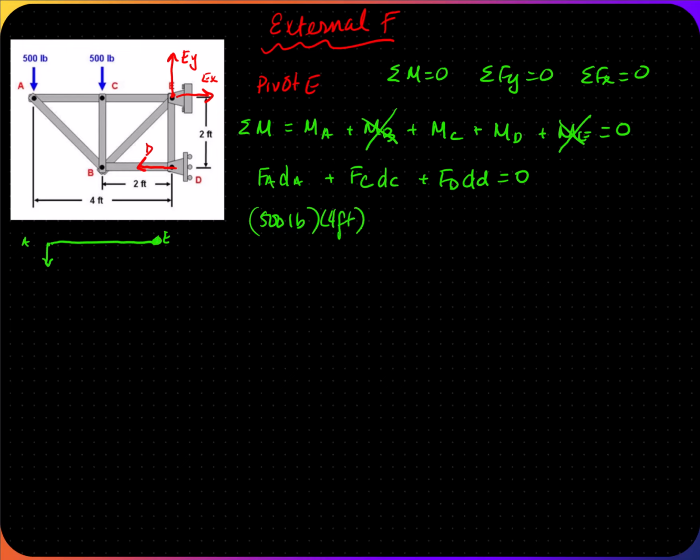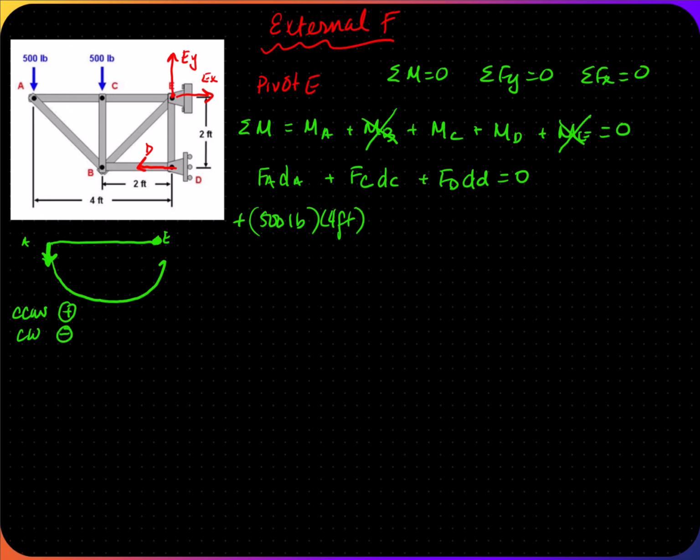If this is our pivot point and this is a bar with a force pushing it down, it will make the bar rotate counterclockwise, so this will be a positive value. Remember, counterclockwise by convention is positive, clockwise by convention is negative.